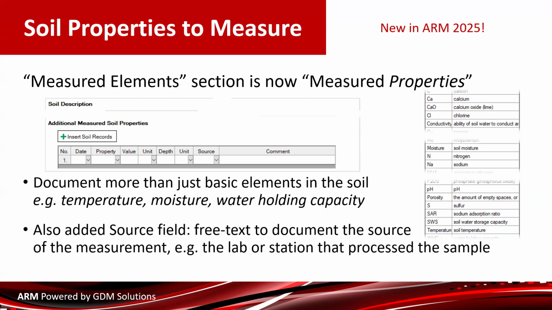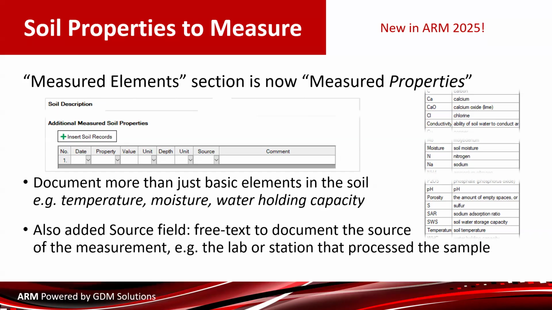If you only take one sample across the trial, not at each plot, but just one sample for the soil here at the trial site, it doesn't make sense to put that in an assessment column.